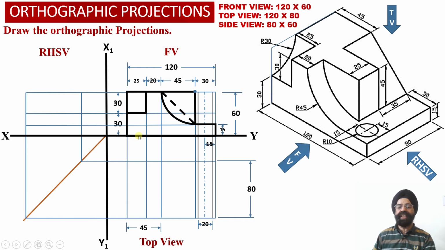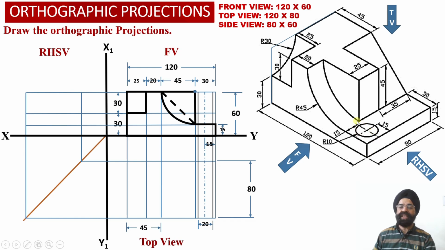So these projections are true shape projections represented into the front view projection. Similarly, corresponding to this front face of the vertical web, which is our element number 3, this face is also parallel to the vertical plane. So into the front view projections, we are able to observe true shape projections corresponding to the front face of the vertical web over here.